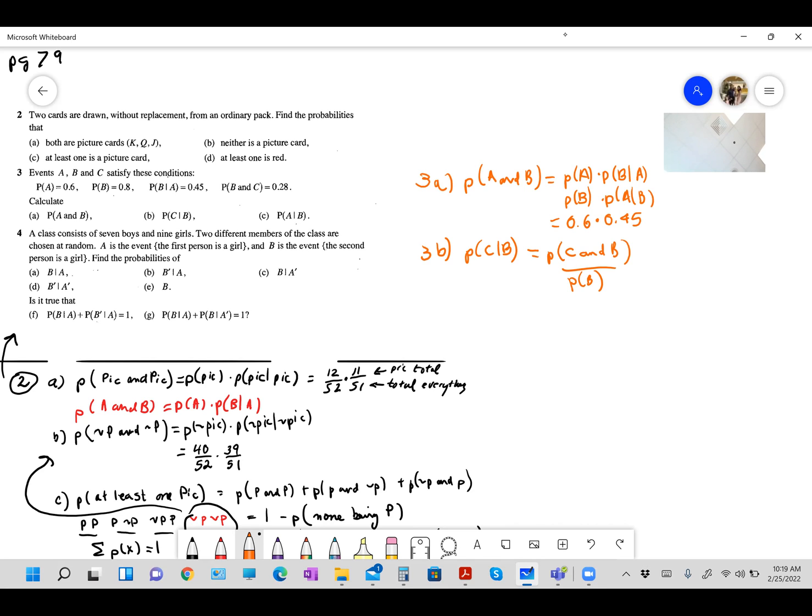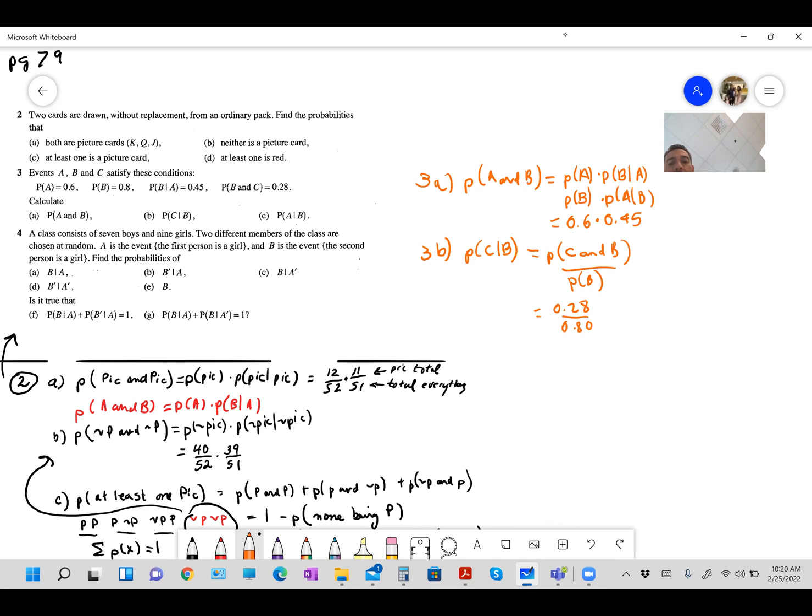No, but they give you B and C. And by the way, B and C is equal to C and B. It's commutative. That's allowed. So they give you 0.28. The probability of B is 0.8. And you divide it.